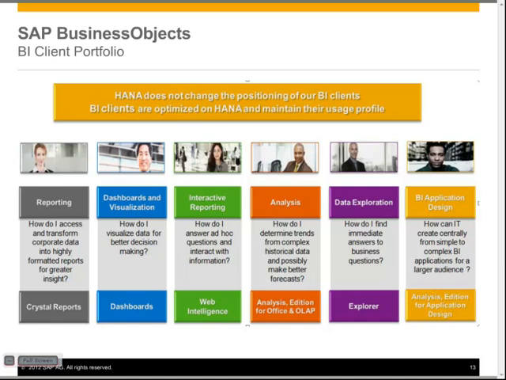If you don't want a predefined report, you have an immediate question that needs answering, and you don't have something predefined to give you that answer, then you have Explorer. And if your question is, how can IT create centrally simple to complex BI applications for a larger audience, we have Analysis Edition for Application Design.